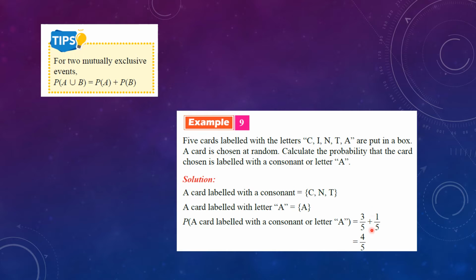So 3 over 5 plus 1 over 5, you will get 4 over 5.